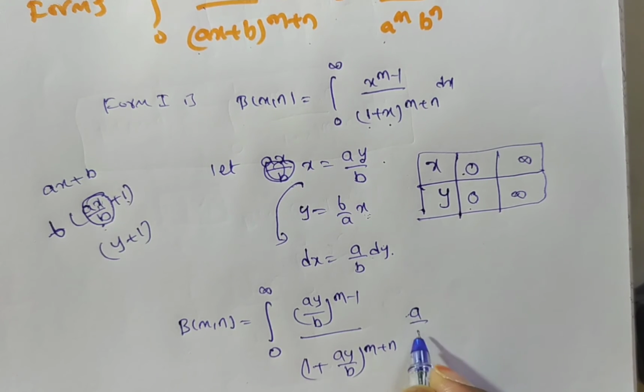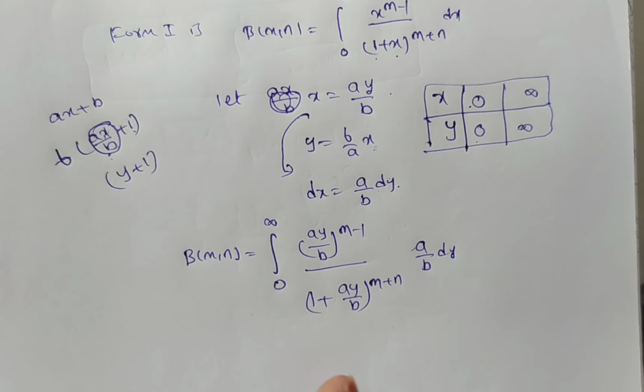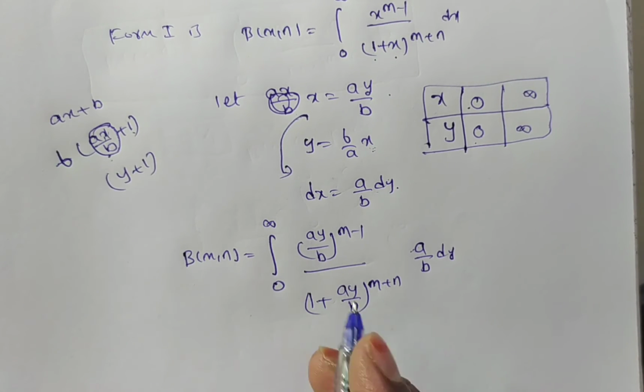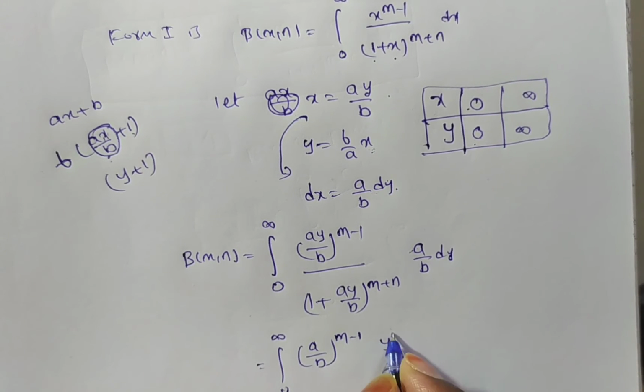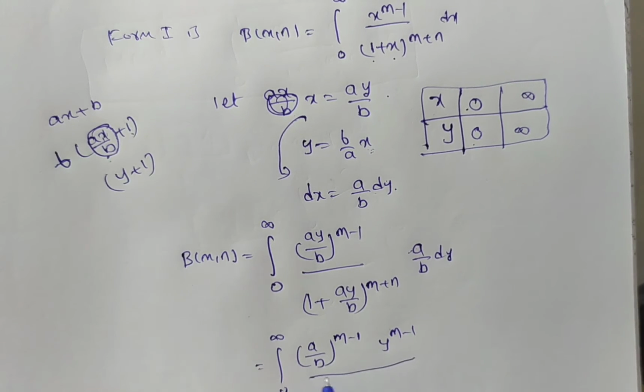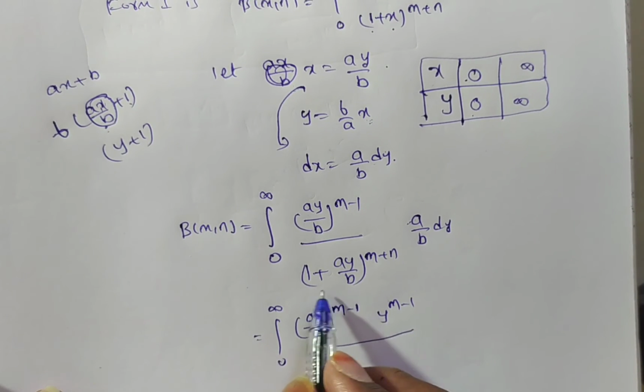What is the dx you have? b by a into dy. Is it clear for everyone? Now you have to simplify this one. Easy or not? So you see what the common terms are here. You can write this as integral 0 to infinity (b by a) power m minus 1 into y power m minus 1 by, you can take b as the LCM here.